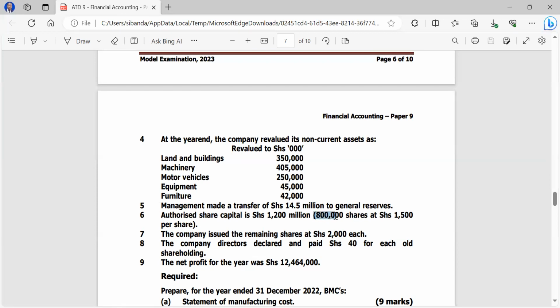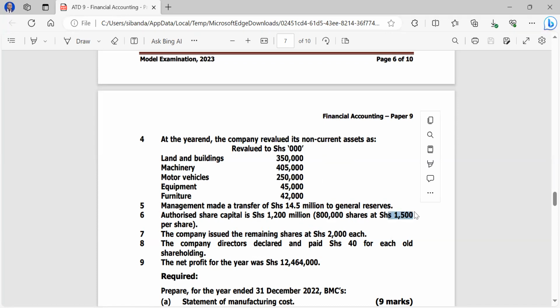They came and told us that 800 shares were the ones that were existing. So yours is to find out what was the remaining balance that is to be issued, because they're saying the company issued all the remaining shares.